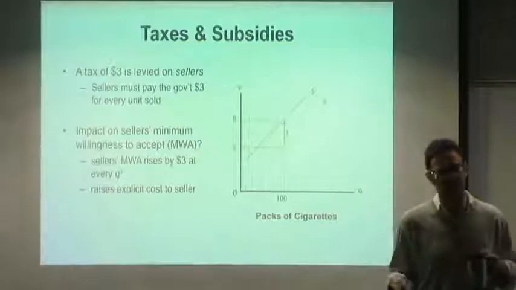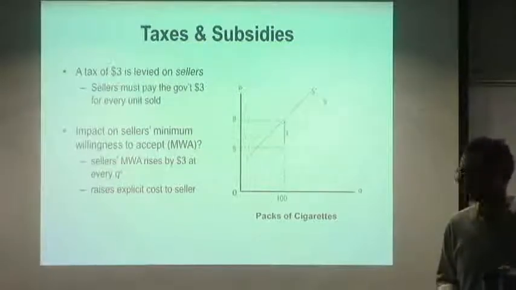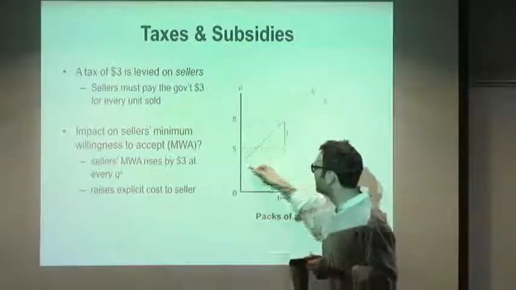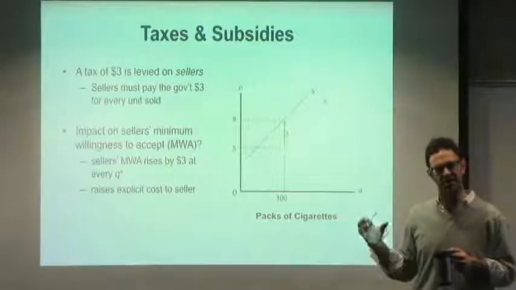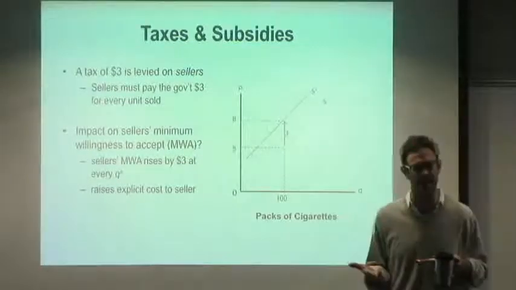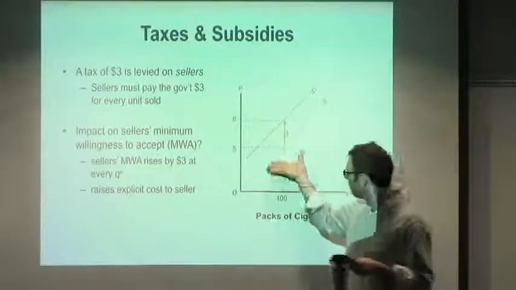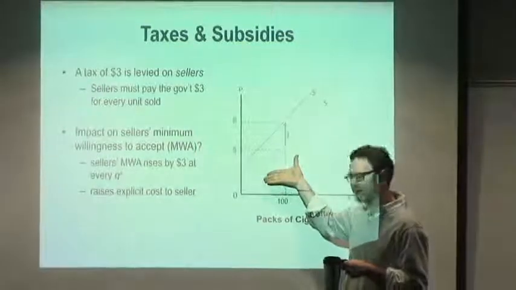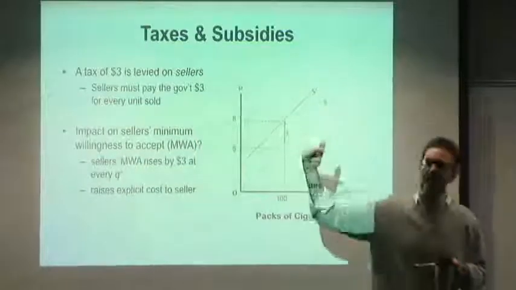That measures the cost of selling that 100th pack of cigarettes. If a tax per pack of $3 is levied, that effectively raises the cost to sellers per pack by $3. So what we're going to see happening is that the supply curve is going to shift up vertically by $3.